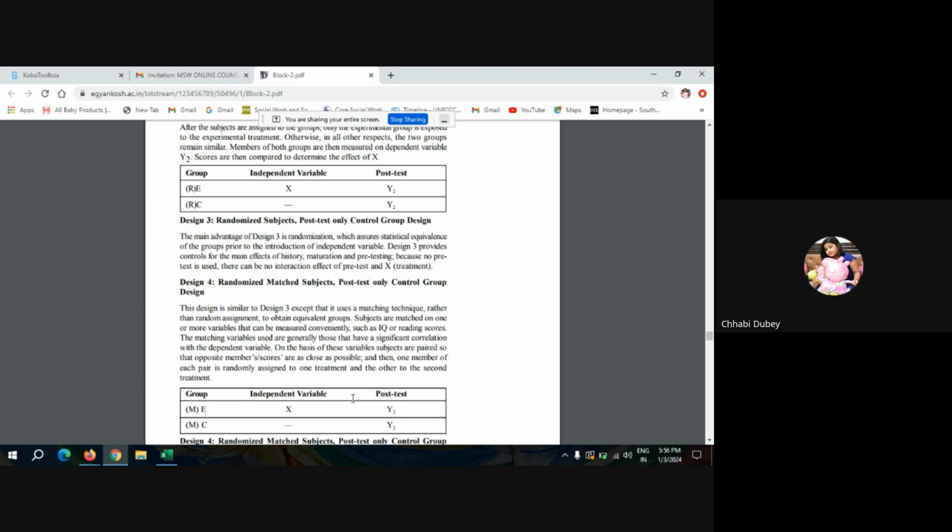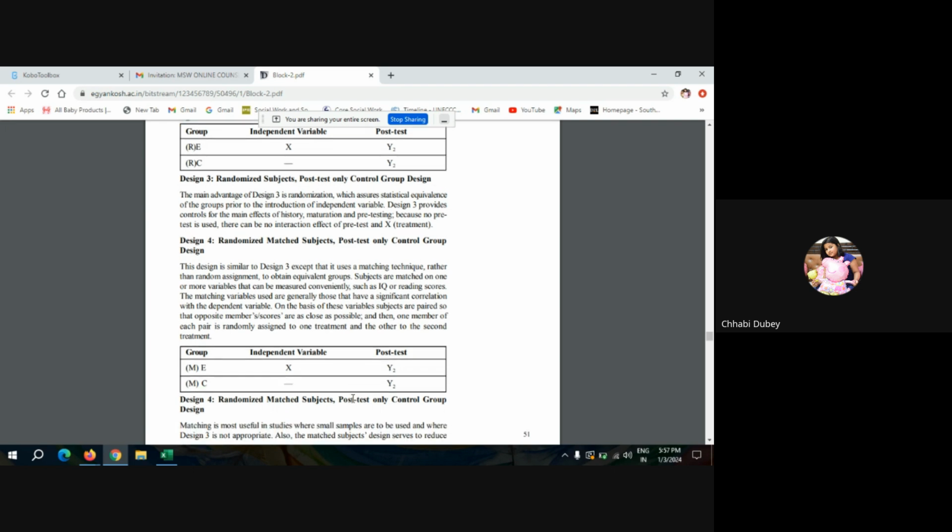For example, you may use IQ or reading scores to match these different subjects, and then you assign them to different groups. So the subjects will be matched according to different criteria, and then they will be placed in the different groups. So we do not have a random assignment, but just randomized matched groups.